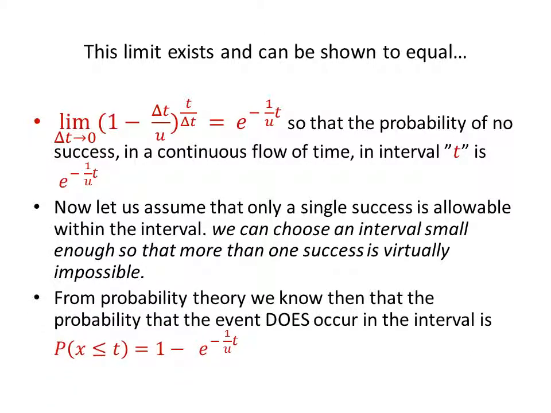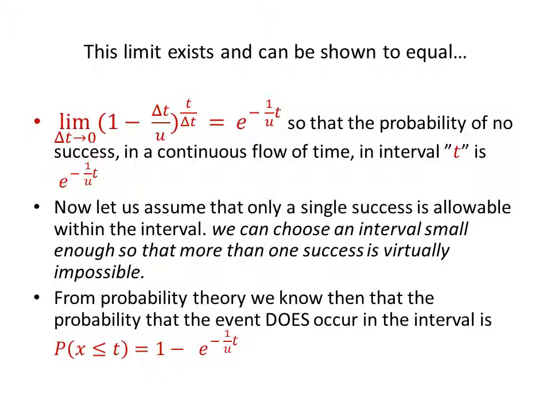Now, from probability theory, we know that to find the probability that something does not happen, we can subtract it from 1 to calculate the probability that it does happen. And in this case, the probability of not throwing a 6, or the probability of no success within the time interval, is given by this expression, and when we subtract it from 1, we get the opposite of that event.